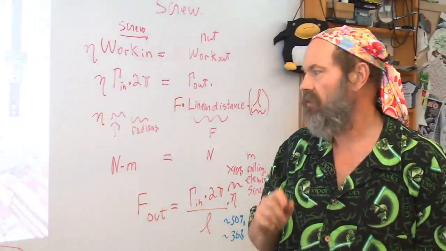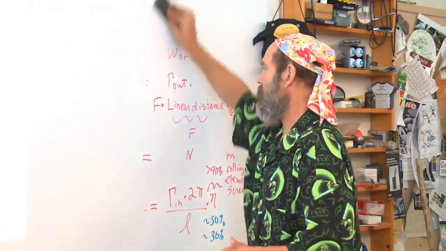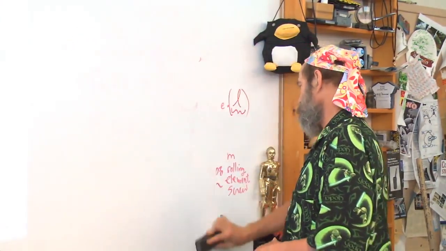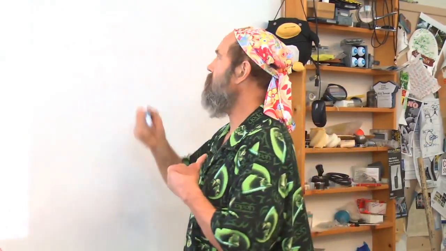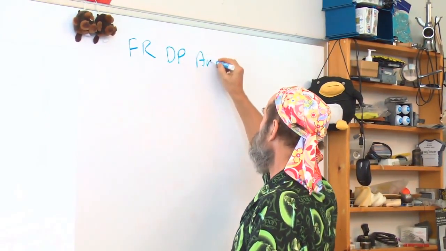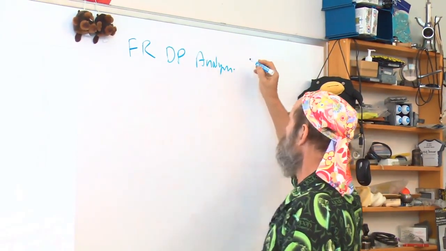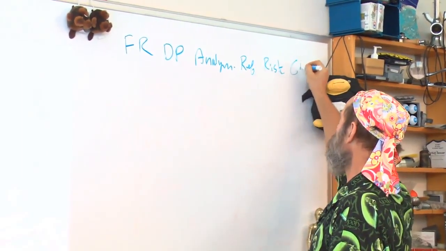Let's go back to a little bit of thinking. When you're designing a machine, there is the philosophy to understand. There's the awareness of your machine elements as what's available. And there's also, remember in our functional requirements, design parameters, analysis, right? References, risks, and countermeasures.